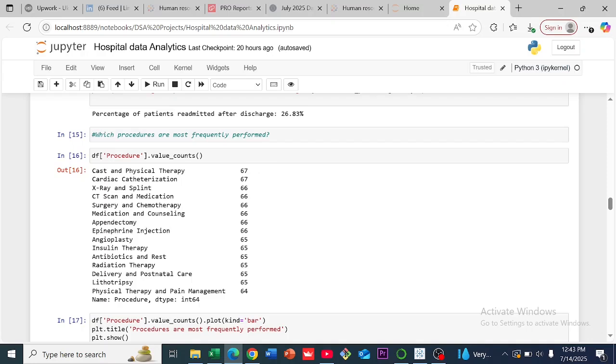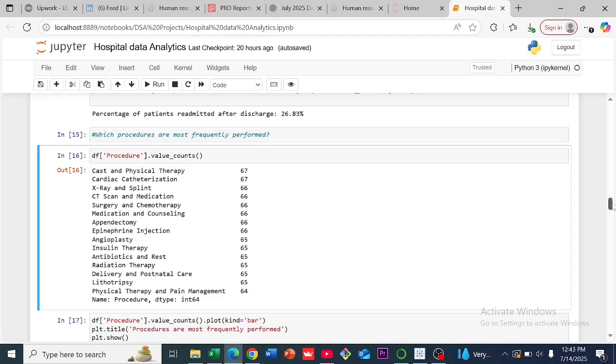So I can just call on the dot value_counts on our procedure column, and with this we'll get the number of occurrences of each procedure. You can see that the most frequently performed procedures are cast and physical therapy, cardiac catheterization, X-ray and splint, CT scan, and medication, while the least frequent are physical therapy and pain management, lithotripsy, delivery and postnatal care, etc.